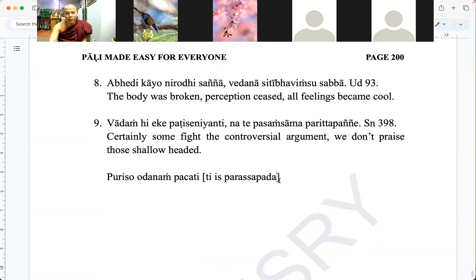But if he cooks rice for himself, at that time the sentence should be Buriso odanam bajate. At the time he cooks rice for himself in this way, such information is just in Sanskrit.